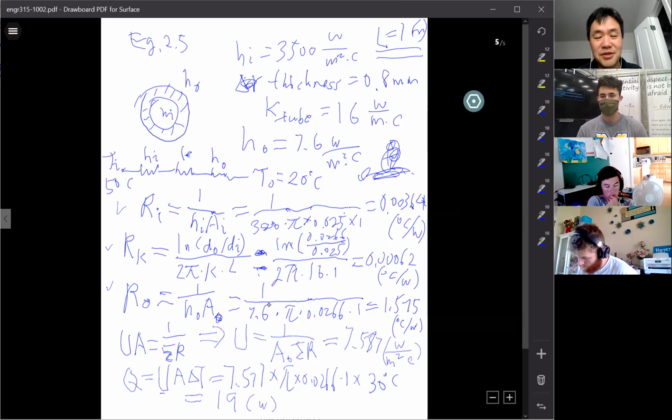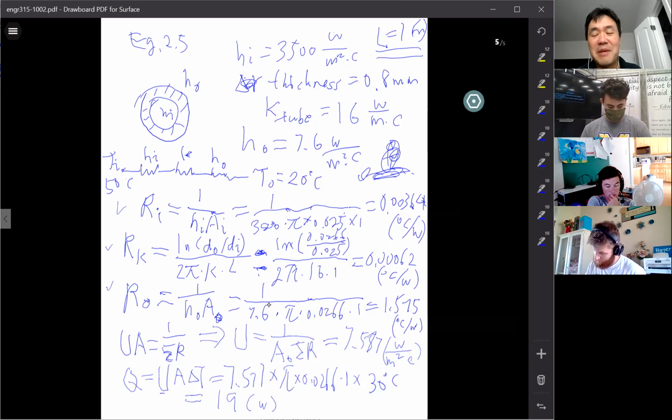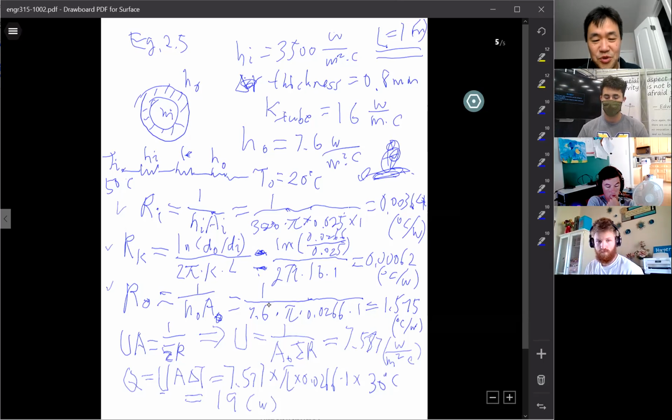So this is the dominant. You use that area, and it's okay, because basically it says only the outside convection is dominant and the other two don't matter. That's why when you use UA delta T, you just choose that A, and it doesn't show much difference.